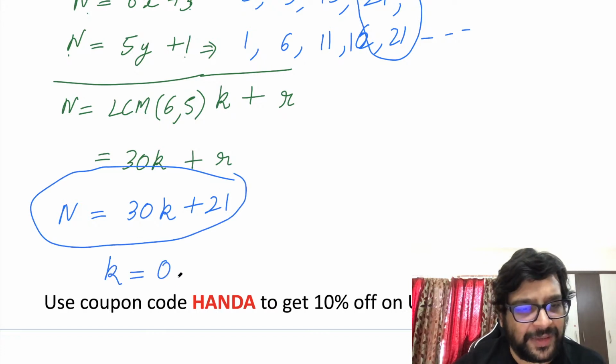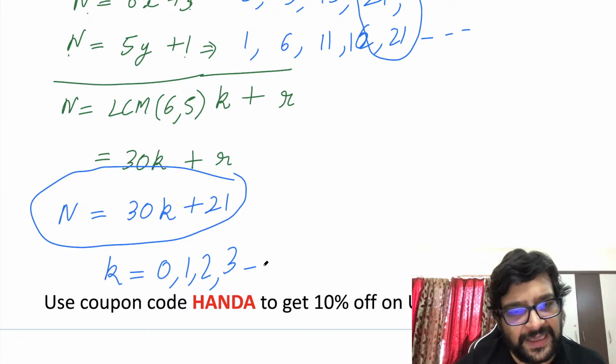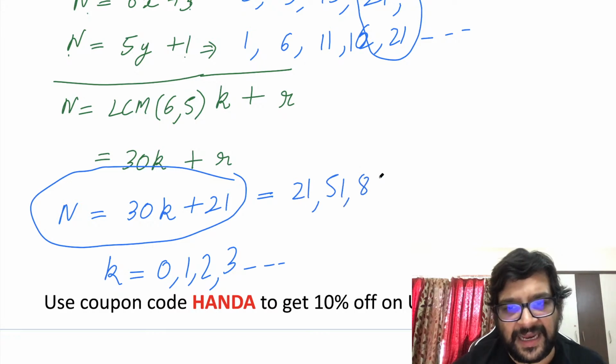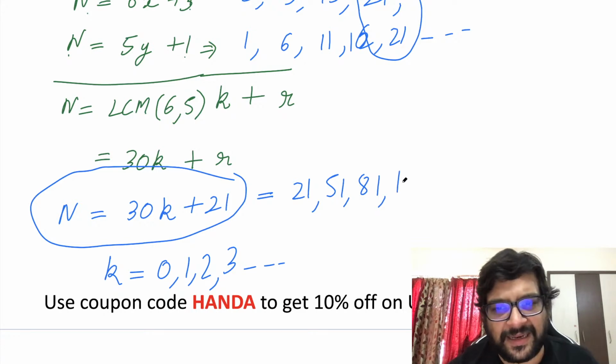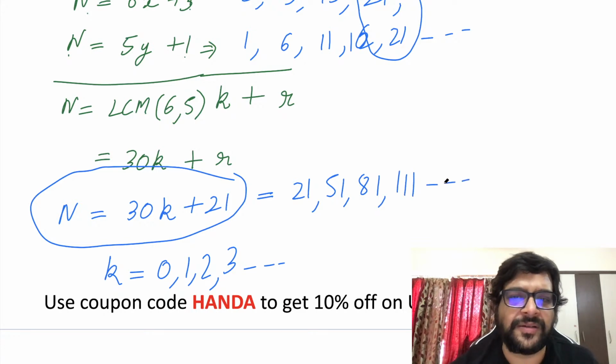K can take values as 0, 1, 2, 3, and so on. So the value of n can be 21, 51, 81. If I put 3, then 111, and so on.